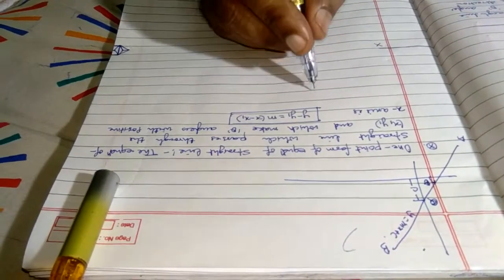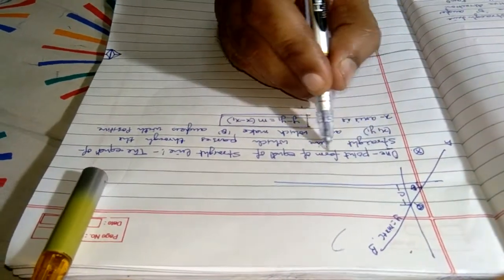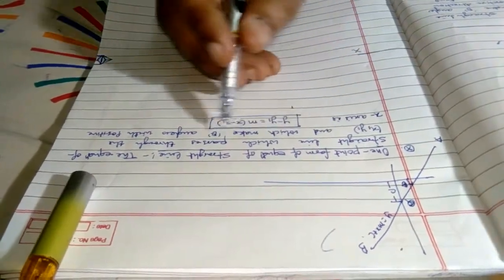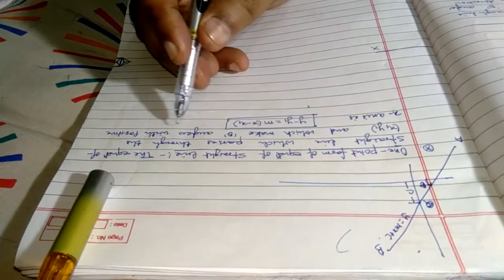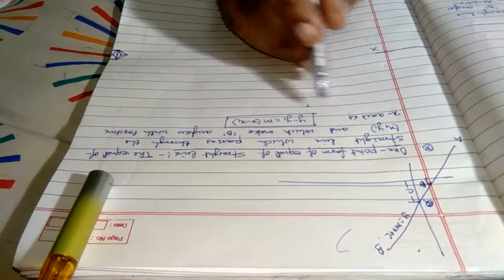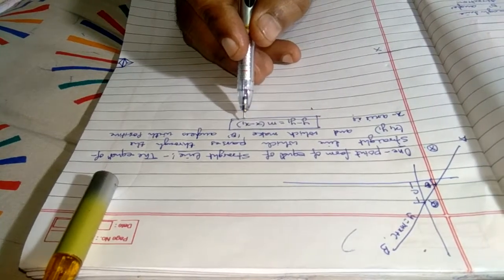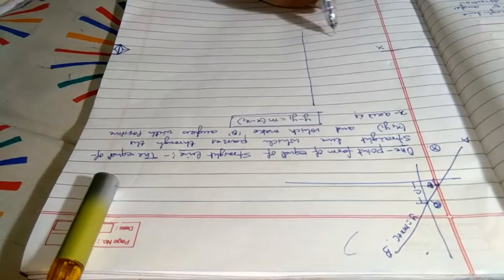Now the other form of straight line is the one point form of the straight line. The equation of a straight line which passes through the point (x1, y1) and which makes theta angle with the positive direction of the x-axis is y minus y1 is equal to m(x minus x1). So here I am just drawing the diagram.